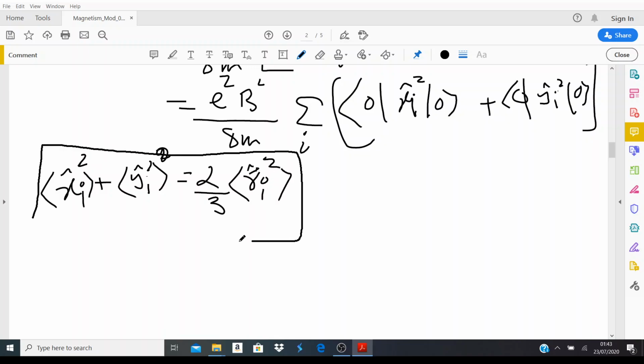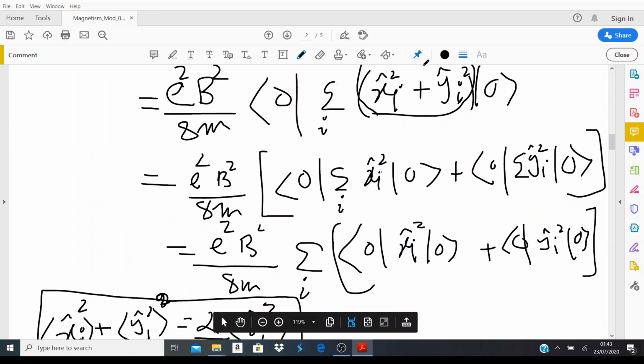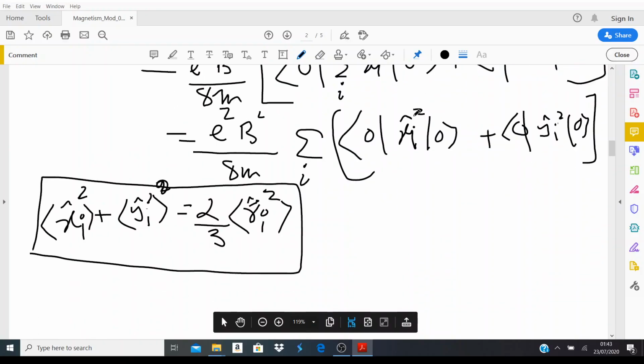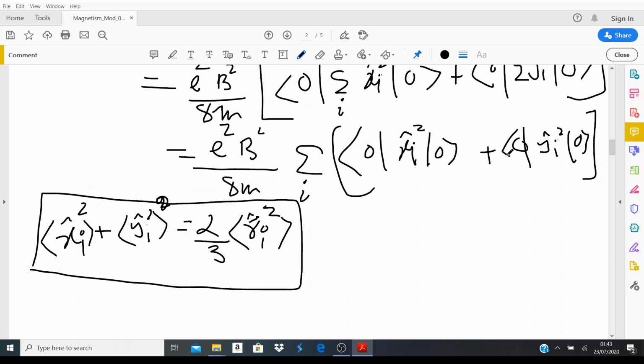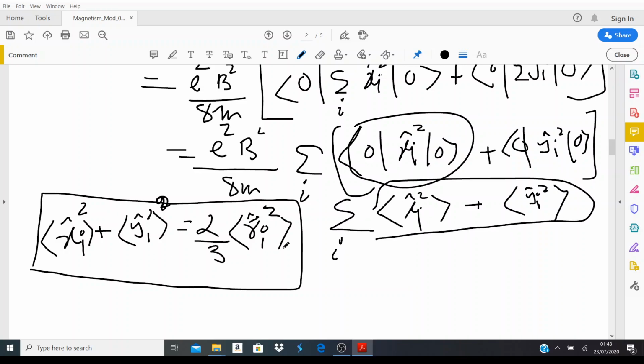You can review the lecture. So we can put r_i squared in terms of these two, because this is nothing but the expectation value of x_i squared and the expectation value of y_i squared in the ground state of the electron. You add them up and this is 2/3 of r_i squared for a spherical charge distribution.